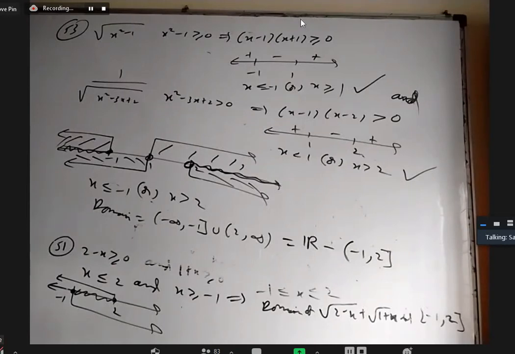Okay, so 53 has to be done quite carefully, especially taking the intersection and seeing where it is closed and open.